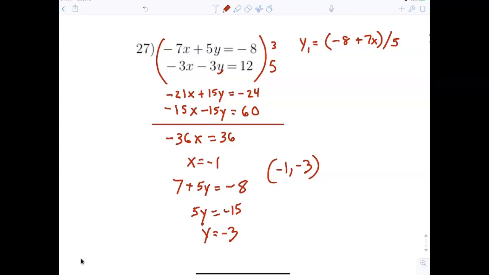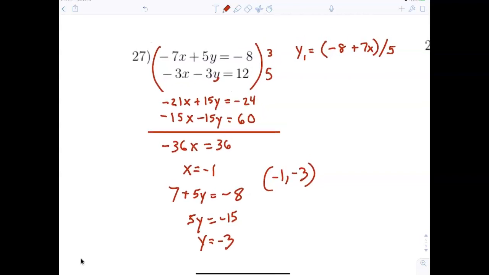I'm glad you're with me today. So I'm moving this negative 7x to the other side. And when I move it to the other side, it becomes positive. And then I end up just dividing by the number in front of the y. So now we're going to do the second line.